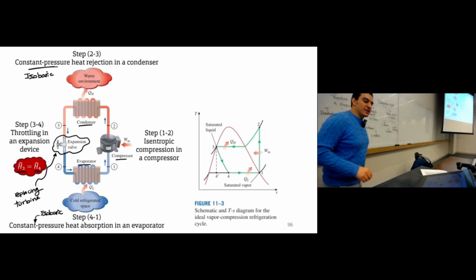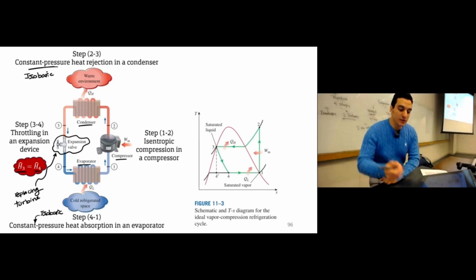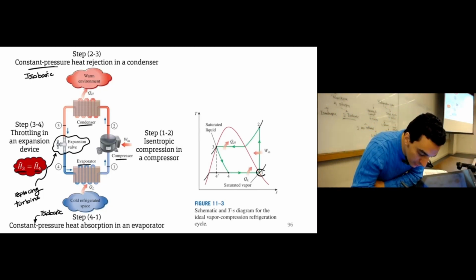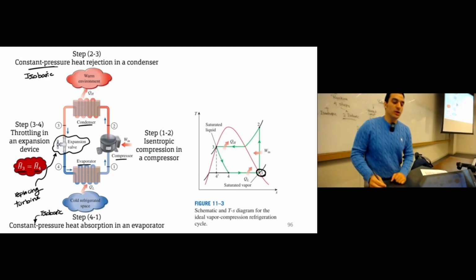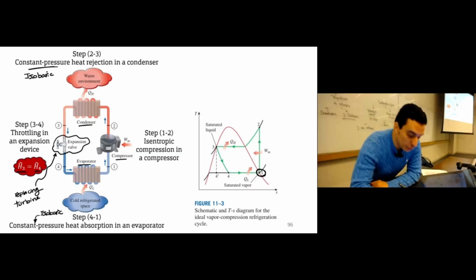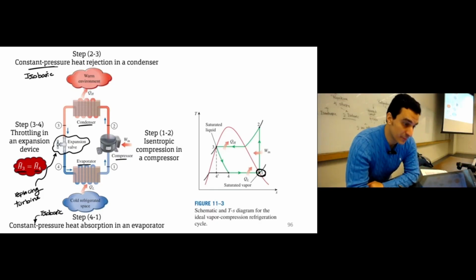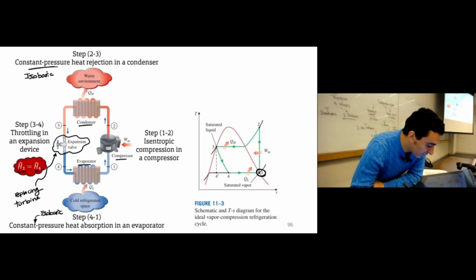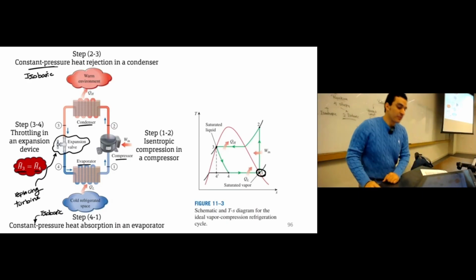If you want to see the TS diagram for this cycle, again, this is the first solution: the inlet to the compressor we need to vaporize completely. So point 1, the inlet to the compressor, will be saturated vapor. Then we have isentropic compression to point 2. Then we have the condenser to obtain saturated liquid.